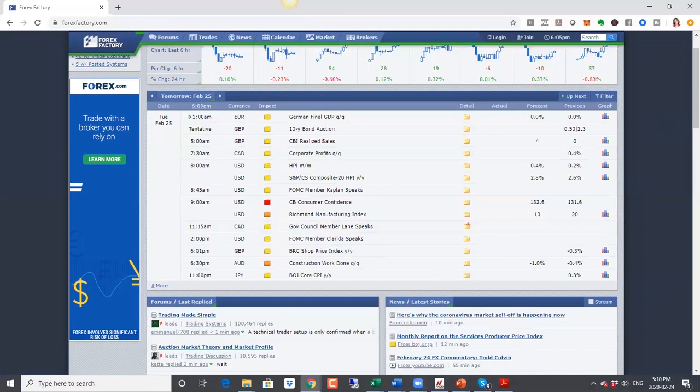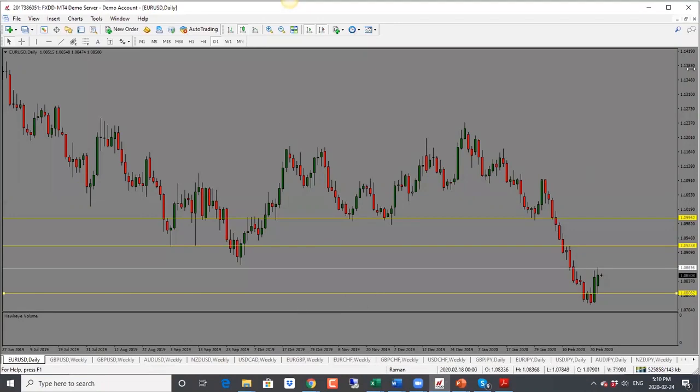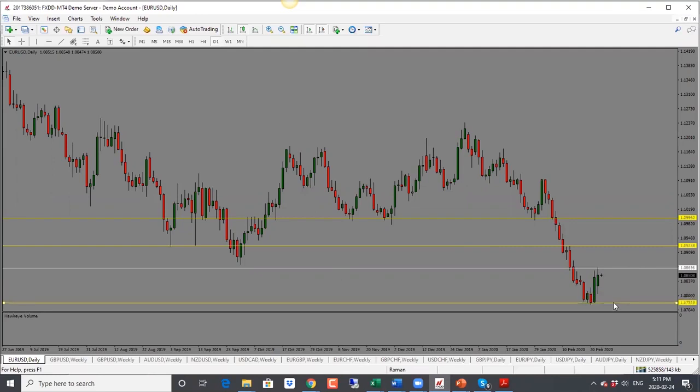Let's go on to the charts now. We'll start off with euro dollar here. We've had a bullish candle close for euro, but as we can see, it's still within the range that it's been trading in, so it hasn't been able to go through the resistance yet. Right now, I would say bias is bullish for euro, but with caution.